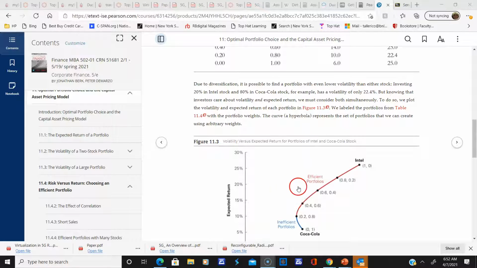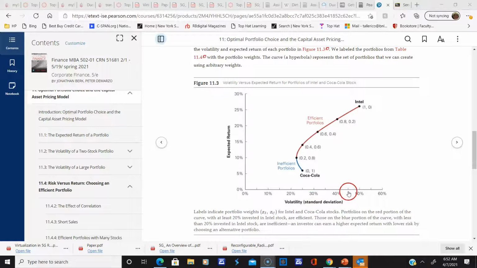So here's what's known as an efficient portfolio. This is volatility versus expected return. Here's the volatility, and here's the expected return. You'll notice there's a trade-off between volatility and expected return. If you want the highest expected return, in this case you're going to use Intel, but you're going to have a higher volatility.